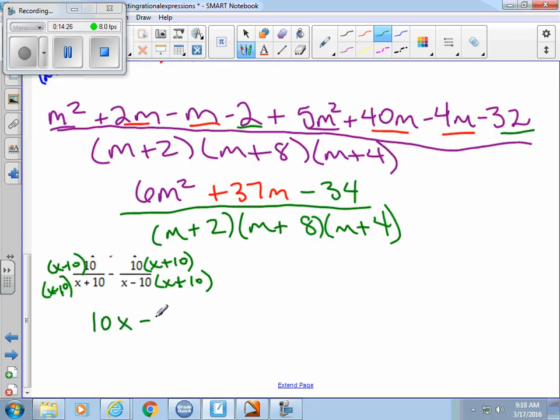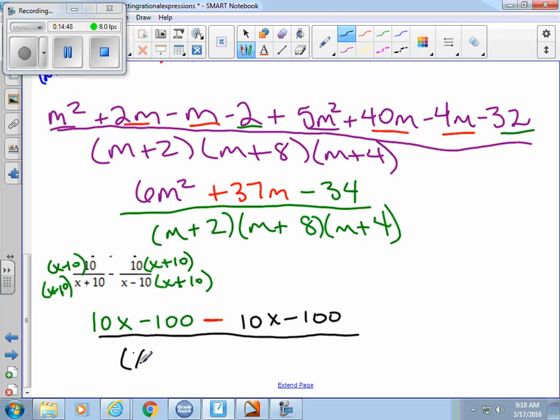Star this example in your notes because there is a really big place where people mess up a lot. Does anyone know what mistake I have made? This negative, do you agree it goes with everything on the top?